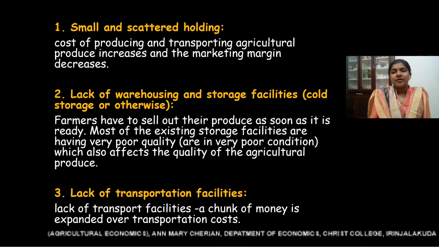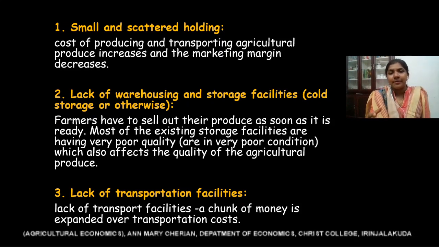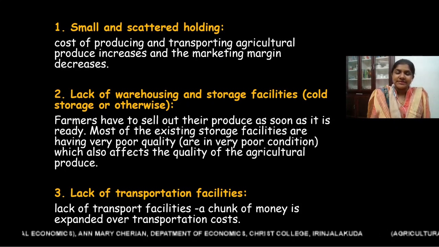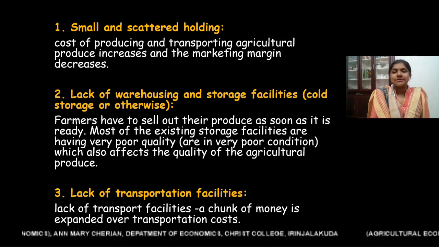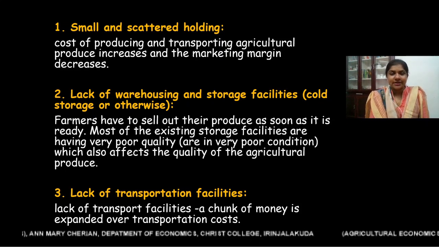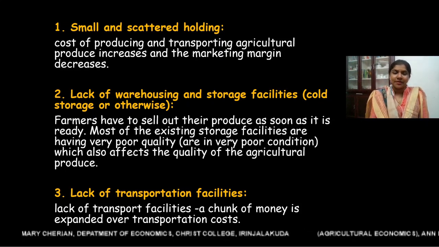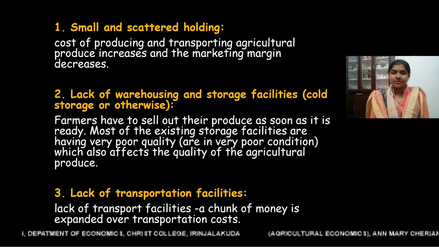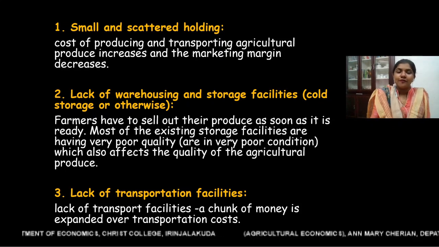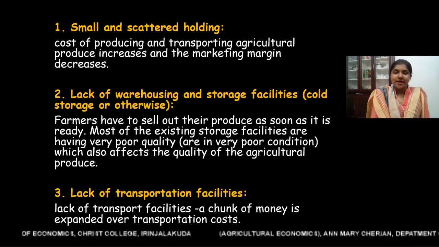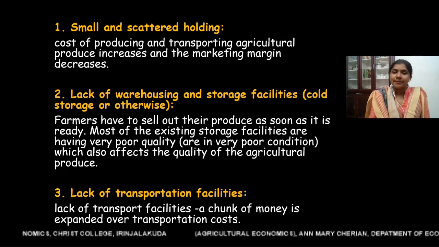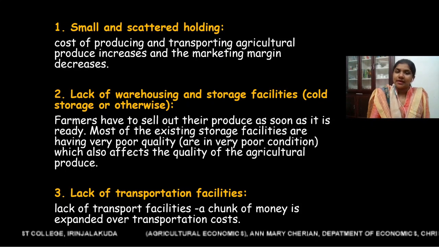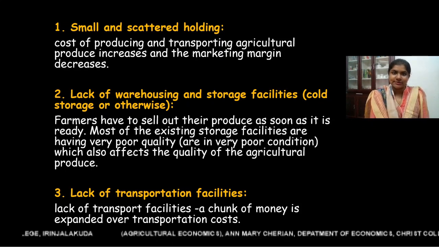This deters farmers from gaining better prices for their products, and the existing warehousing and storage facilities in India are of very poor quality, and this results in wastage of agricultural products. So here, due to lack of warehousing and storage facilities, farmers are not able to gain better prices for their products. So this is an important challenge faced by the Indian agricultural marketing system.